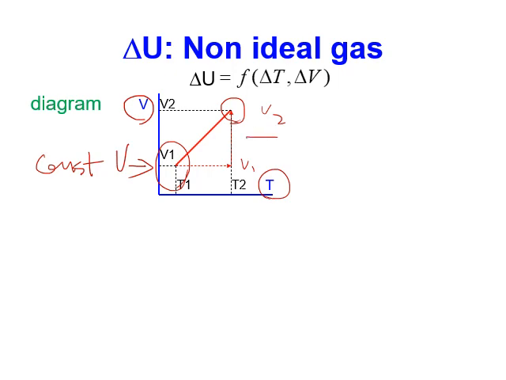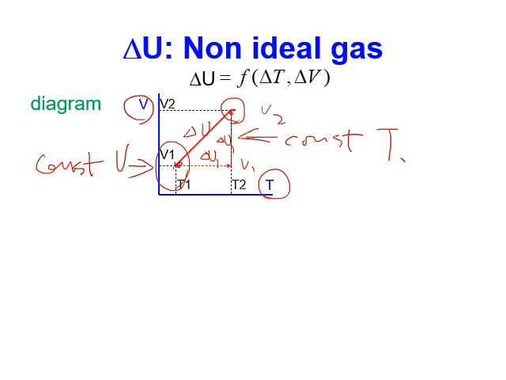So vertical means constant temperature. If we can calculate internal energy for each of these steps, delta U1 and delta U2, adding them together will give you the total internal energy change, because a state function doesn't depend on path.